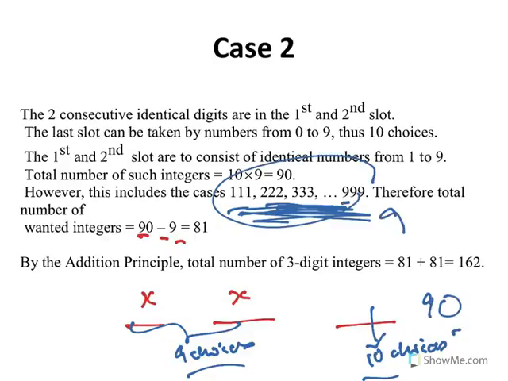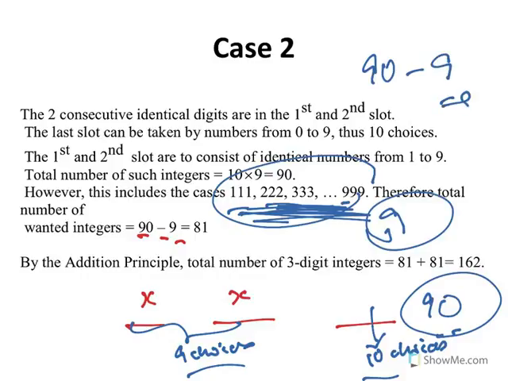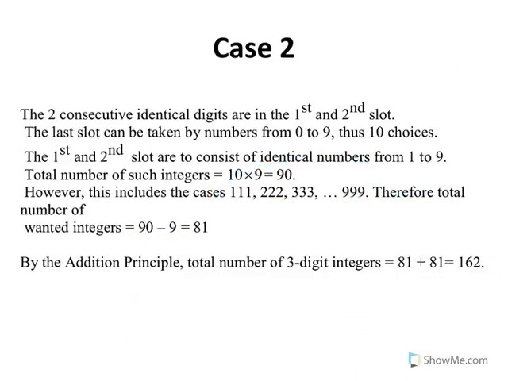Here, 9 cases. 90 minus 9, you get 81. That's for case 2. So all in all, by the addition principle, case 1 and case 2 cannot happen at the same time. Therefore, you have 81 plus 81 to be 162.